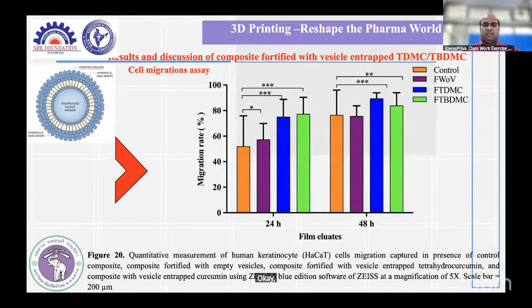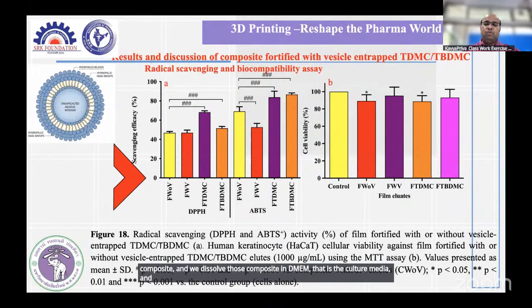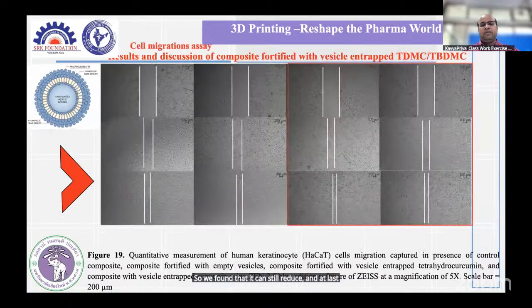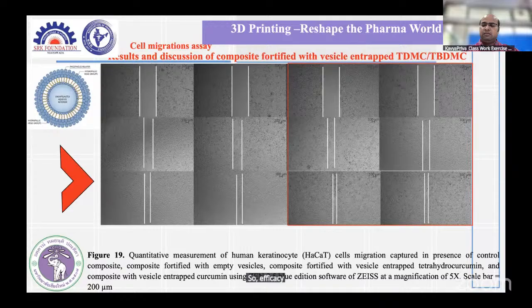I didn't add the slide on inflammation, but we took a specific size of composite and dissolved it in DMEM, the culture media, and those eluates were tested for whether they can show reduction in inflammation or not. So we found that it can still reduce it, and at last we went to check whether it can show efficacy towards wound healing or not.